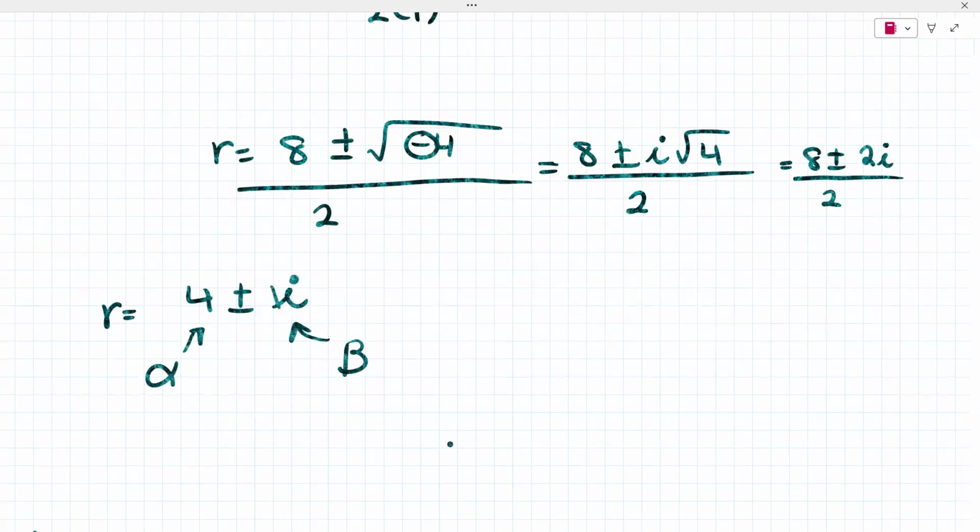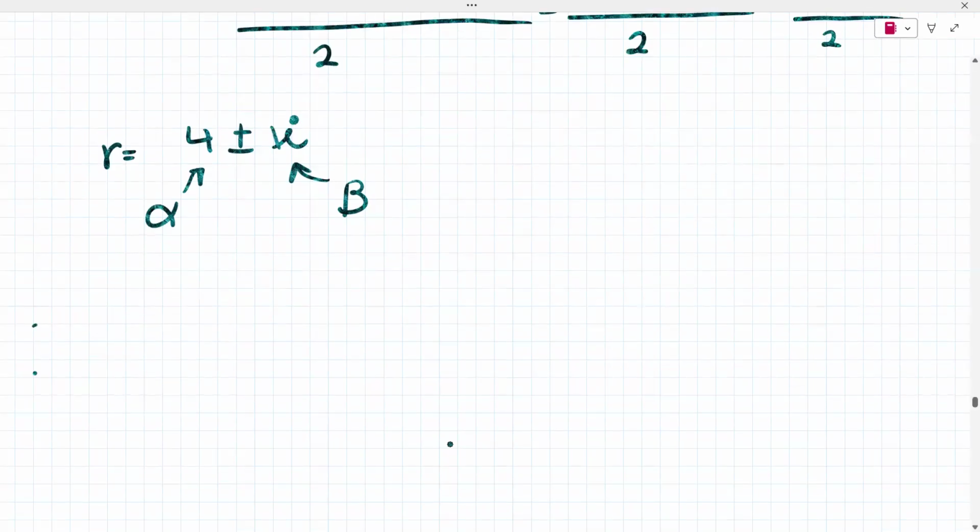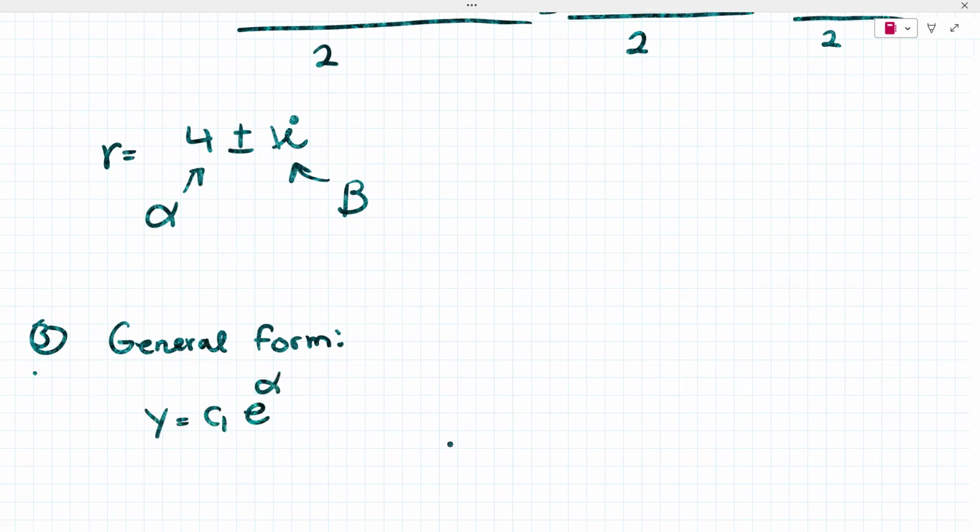Step 3, put it in your general form. So it's going to be y equals C1 e to the alpha t times cosine of beta t plus C2 e to the alpha t times sine beta t.